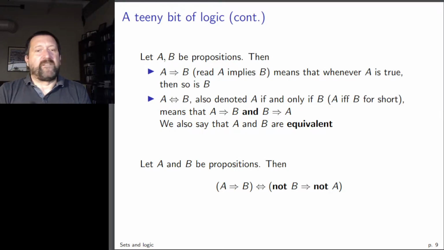We say they're equivalent. One very important property that is used many, many times when proving things in mathematics is that A implies B is equivalent to not B implies not A. It is very likely that you have seen proofs that have used this in the past.